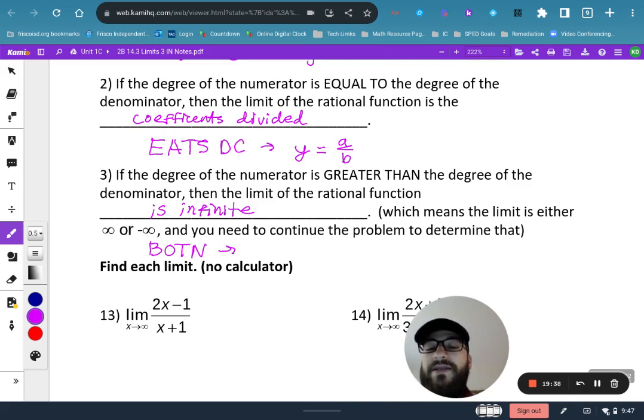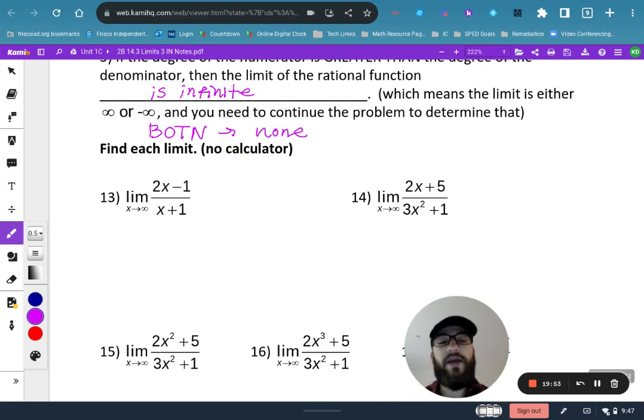And BOTTEN means there was none. We didn't actually have a horizontal asymptote. And that's why we're going out towards positive or negative infinity, because as we go out to the right and out to the left, it goes towards positive or negative infinity. It keeps going forever. Okay, so let's look at a couple of examples here real quick.